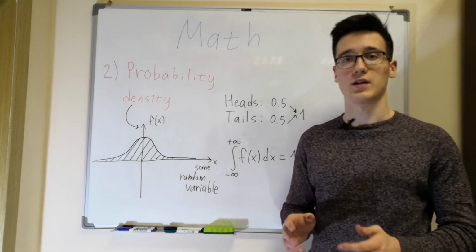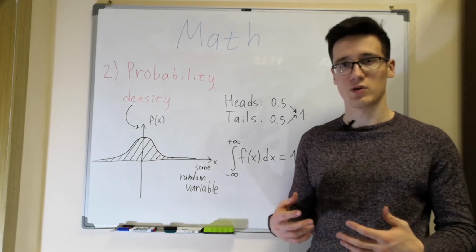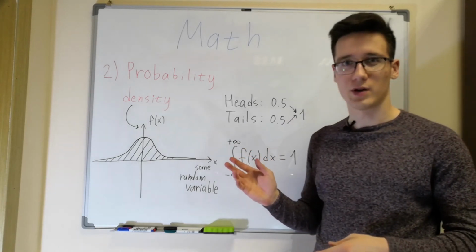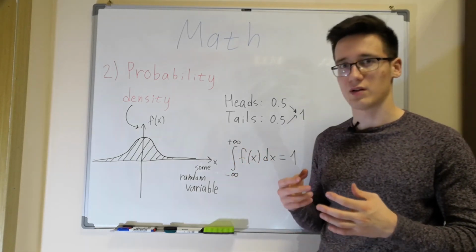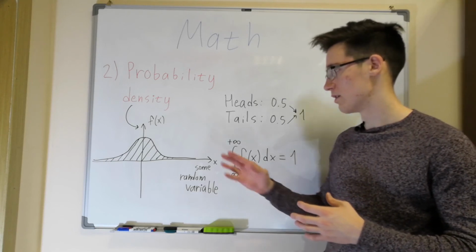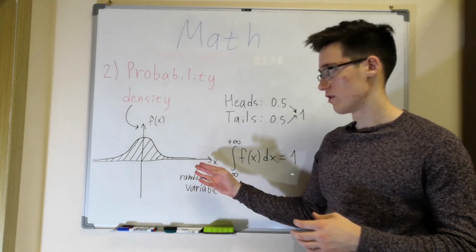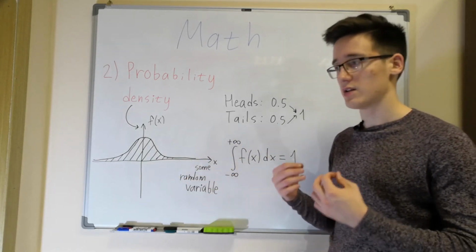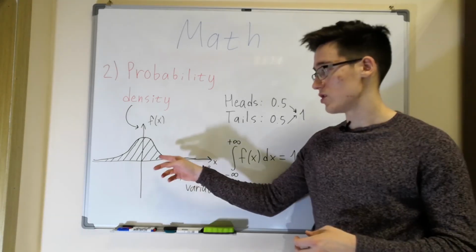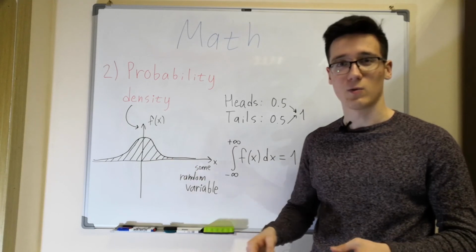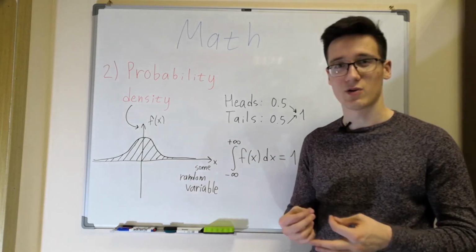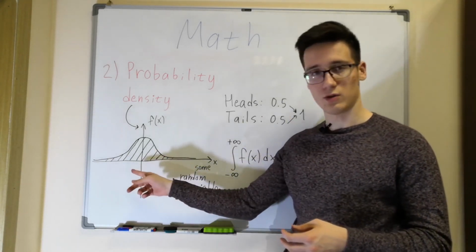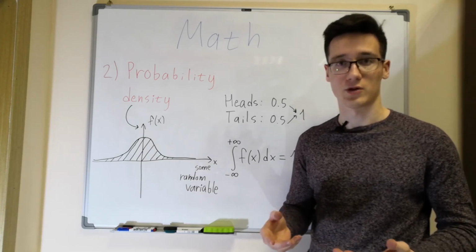But in more complicated cases, if we look at random variables that vary not within just a set of 2 values, but within a set of infinite number of values, as in this case, here it varies from minus infinity to plus infinity, okay? We can't define a probability for each value, because for each value the probability will always be 0. It is so hard for the random variable to become equal to one value when there is an infinite number of other options.